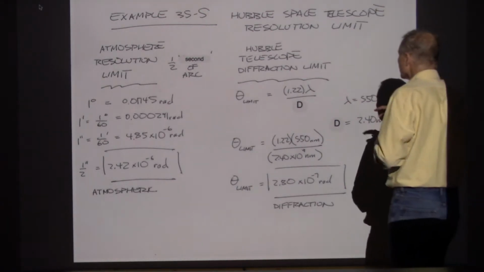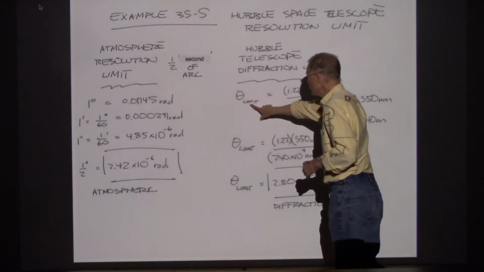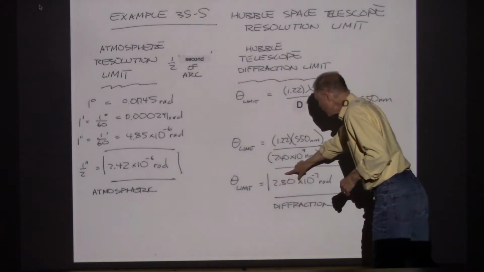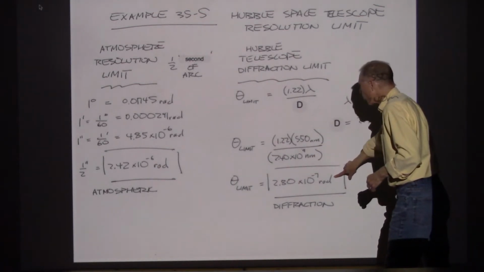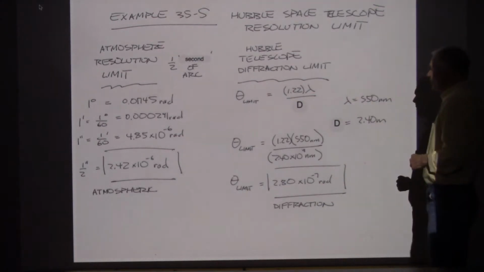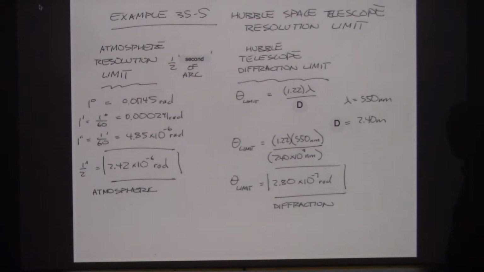This equation is set up for standard units, and standard units are radians. So the angle we get is 2.80 times 10 to the minus 7 radians. That's pretty tiny. So when the Hubble telescope takes images, we can't do any better than that level of resolution due to diffraction.